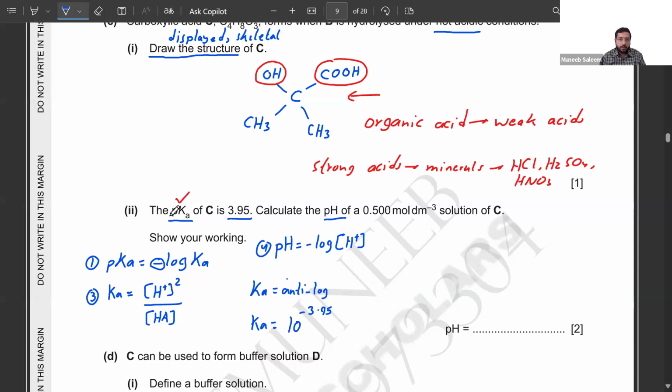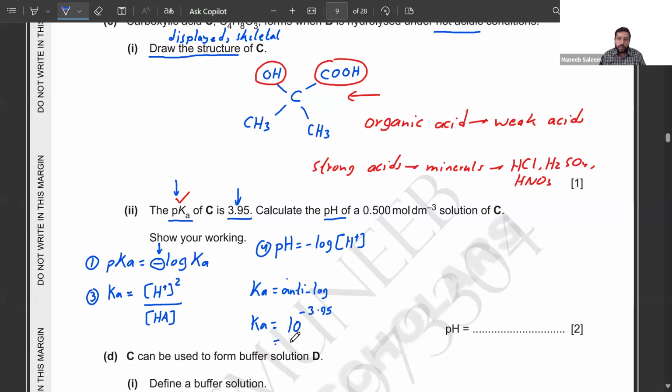This is how we write the anti-log of the pKa, because previously it was pKa, but then we converted it into the Ka. For that purpose, the log converted into the anti-log. So anti-log of 3.95 along with a negative sign, because the negative sign was there in this formula.